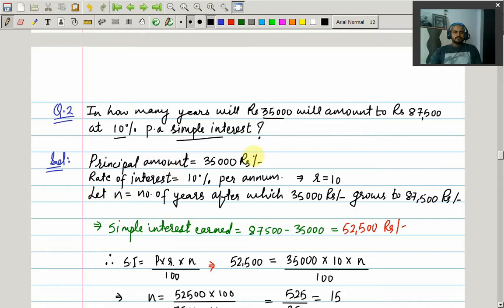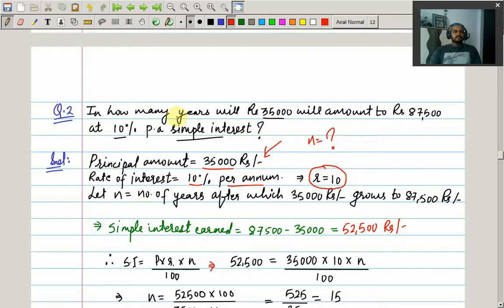So in the question, the principal amount is 35,000. This is my principal amount, and I want to find in how many years. So they are talking about n, and we don't know the value of n. Rate of interest is 10% per annum, so simply r is 10.